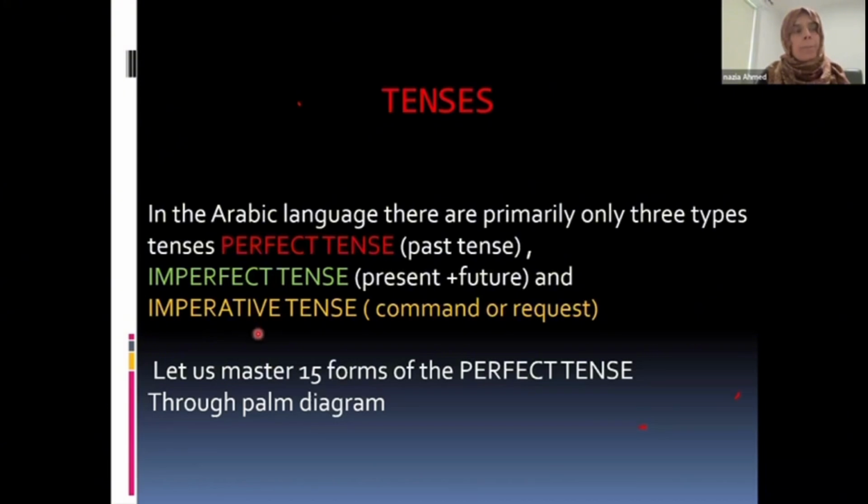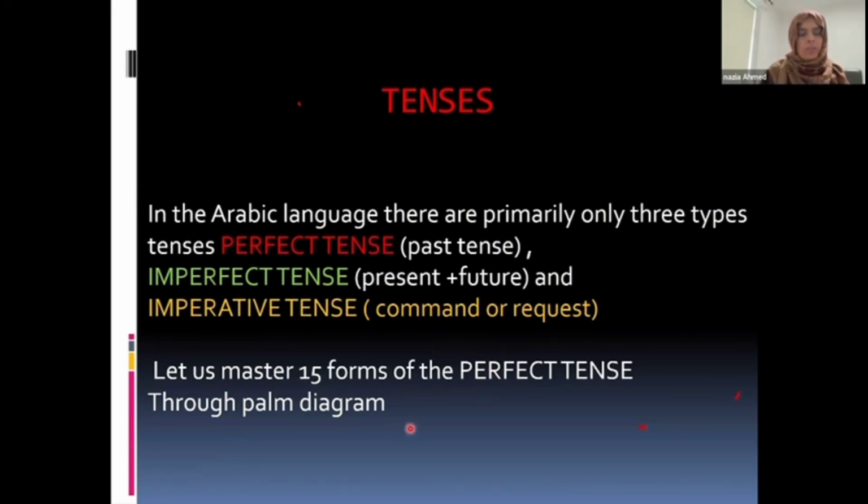And then the third one is imperative tense, which we use to make dua or to command. It gets used a lot in the Quran, because the Quran is a book of do's and don'ts. So you will see a lot of imperative tense in the Quran.